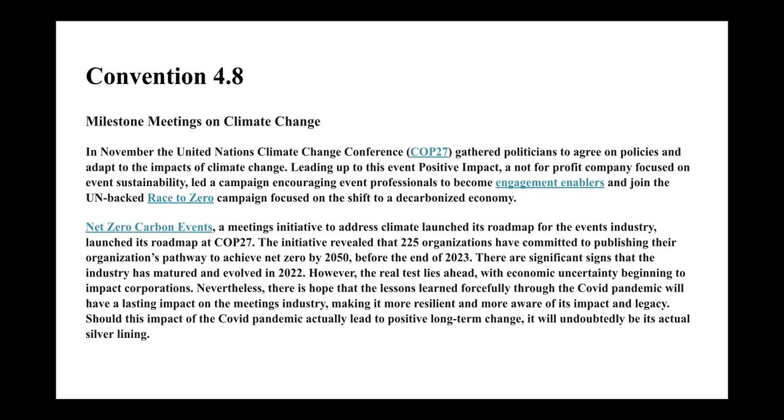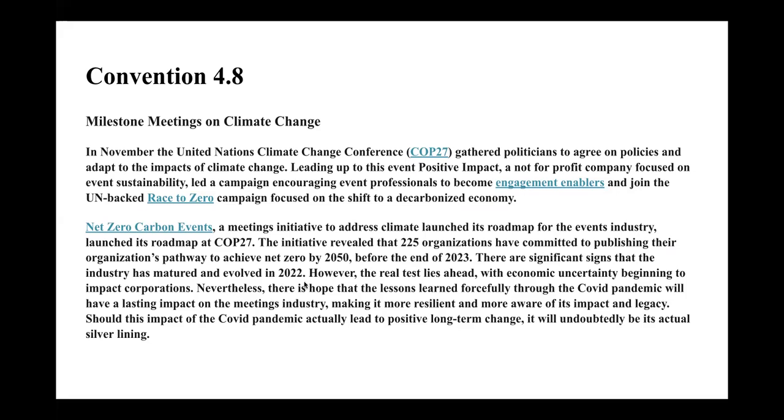Yeah, also, this is a kind of campaign for a convention, net zero carbon events. This is a meeting initiative to address the climate, launching a roadmap for the events industry, which focuses on the roadmap of COP27 here.